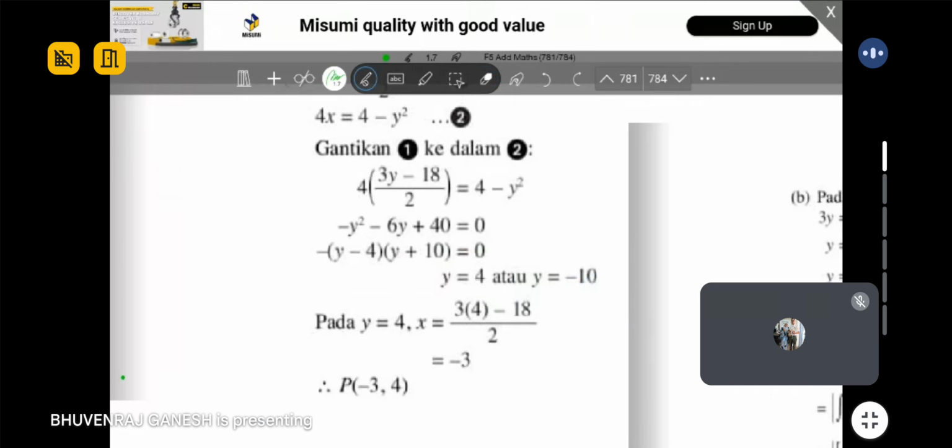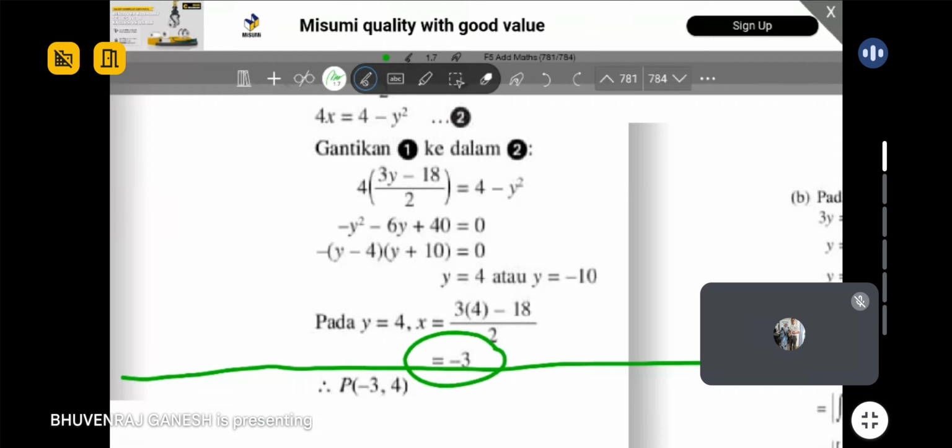Most of you here, right? Does anyone have this habit? You will stop writing over here when you get -3. Siapa buat macam ni? Anyone? Like, you solve everything, you get your y, you get your x, you stop over here. Anyone? Anyone have this habit? Can comment?